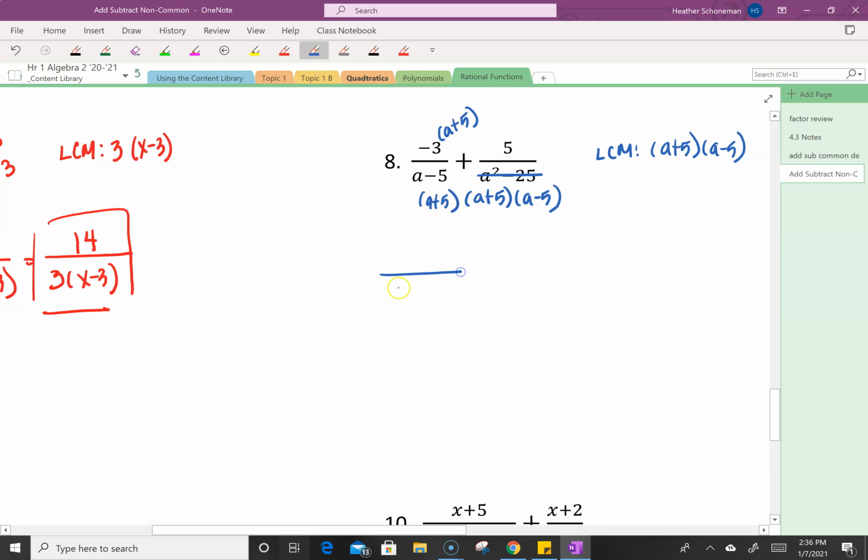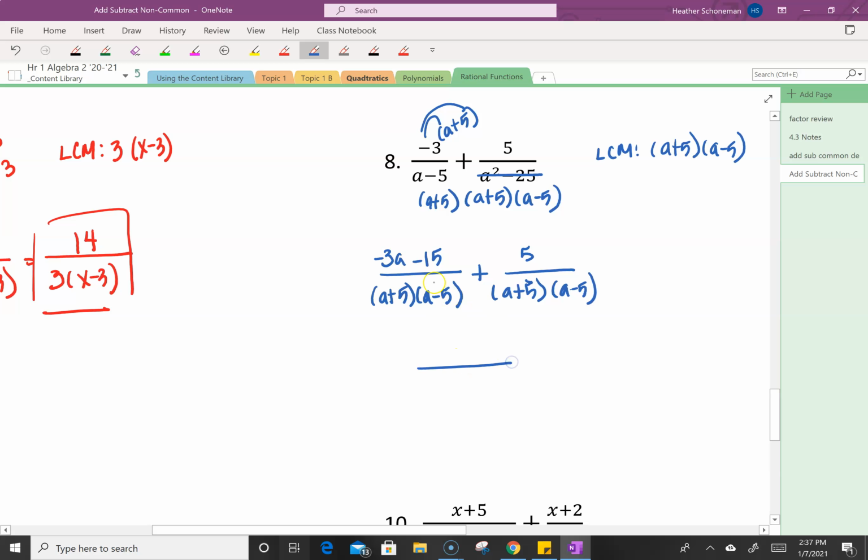When I do that on the first fraction, the denominator is the least common multiple. On the top, negative 3 times a is negative 3a, and then I get negative 15 plus. Over here, this one didn't need to change, so it stays the same. Now that my denominator is the same, now I can combine like terms.